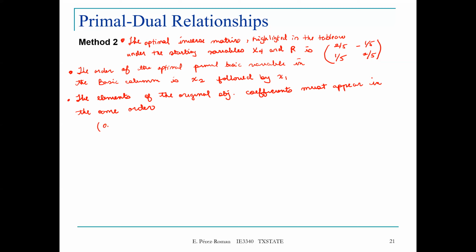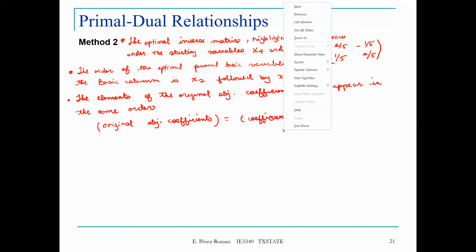So the original objective coefficients will be equal to the coefficient of x2 and then the coefficient of x1.